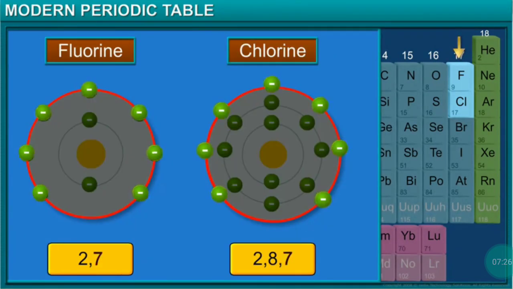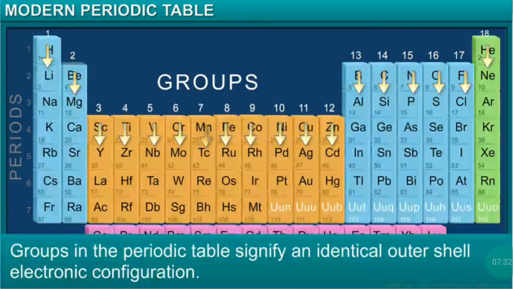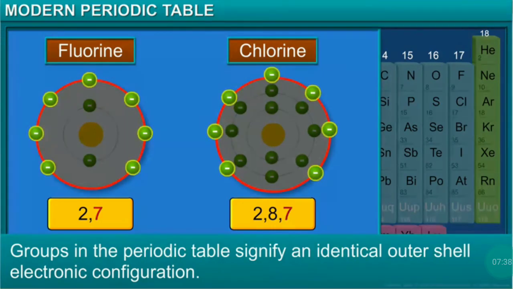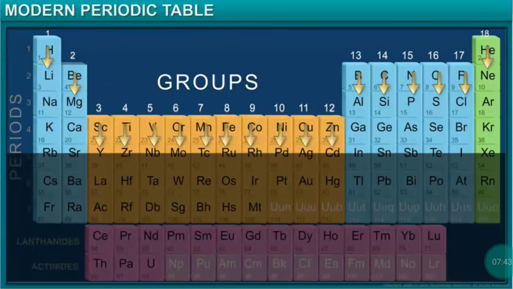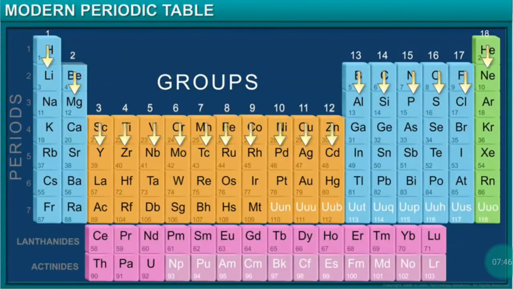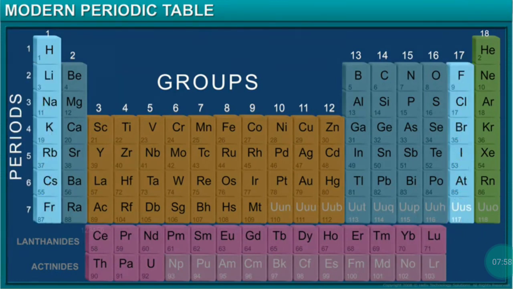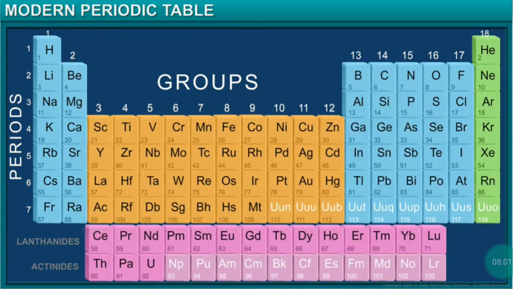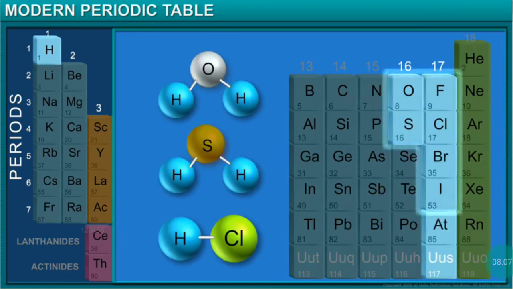They have the same number of valence electrons in the outermost shell. The number of shells also increases as we go down the group. Hydrogen can be placed either in group 1 or group 17 in the periodic table, as it shows the properties of both groups. It can combine with metals and non-metals.